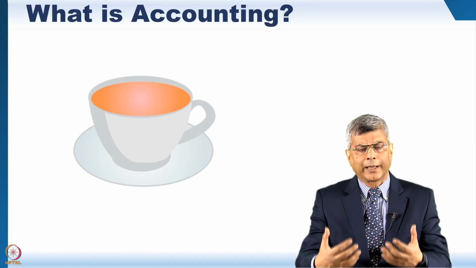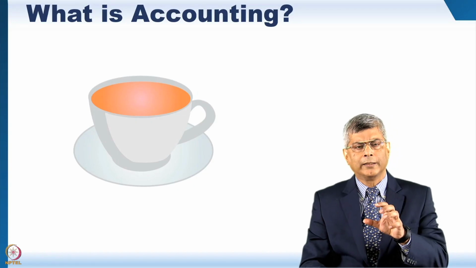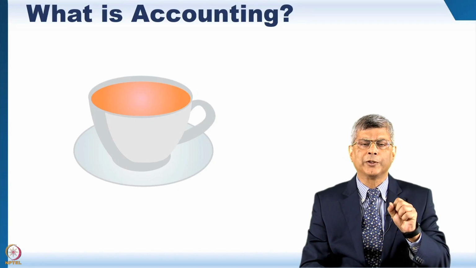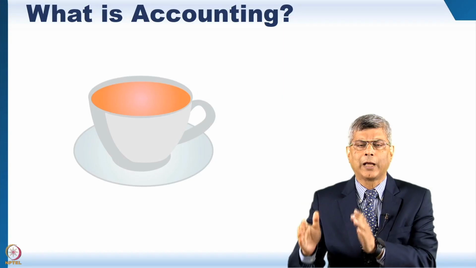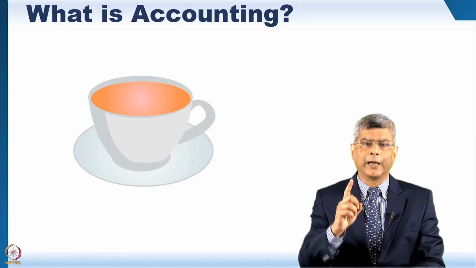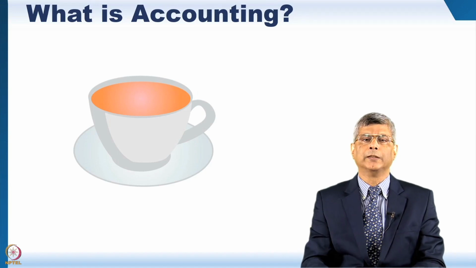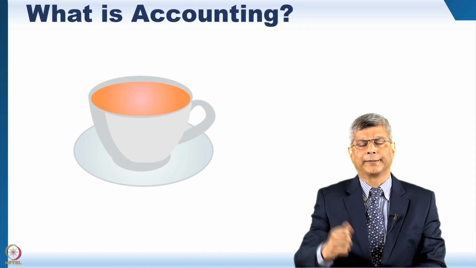Now let's look at one other aspect. Let's say I have bought 80 rupees of milk and sugar and tea in the morning. And through the day, I have sold 100 rupees. So I've made a profit. But the person who bought that cup of tea said, I will pay you after 2 days.